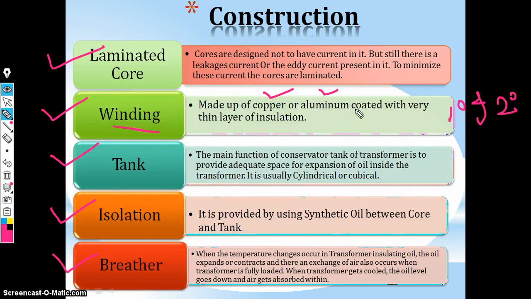This exchange of air provides cooling for the breather. Now this is the concept of the breather used in the transformer for cooling purposes. This is the whole construction of the transformer, covering single phase as well as three phase transformers.